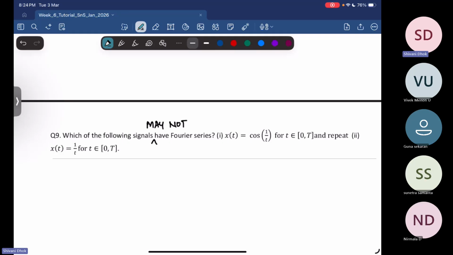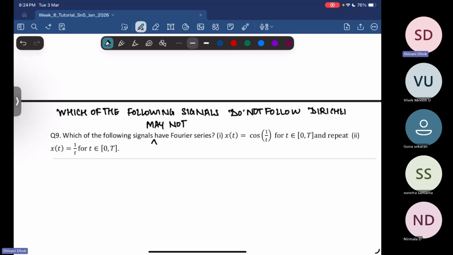Or the other way of framing this particular question is, which of the following signals violate or do not follow Dirichlet's condition? This is a better way of framing this question.